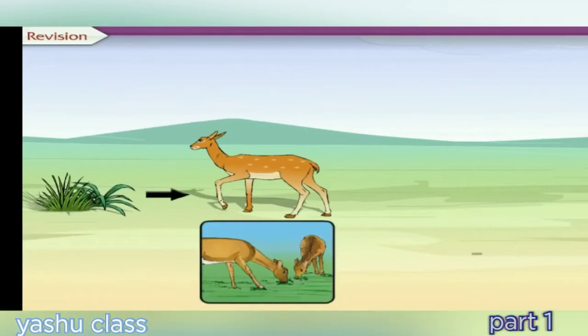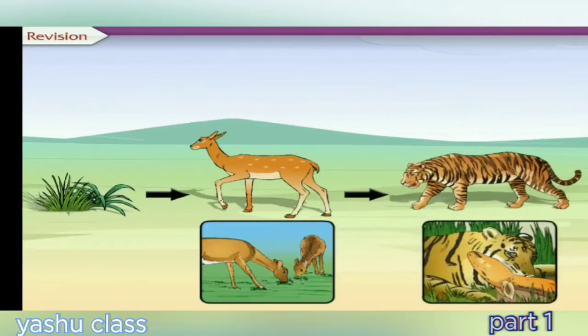From this, we can infer that for the functioning of our ecosystem, this chain is very important and it is called the food chain. We have studied the concept of food chain and food web in our previous grades. Come, let us brush up this concept in brief.